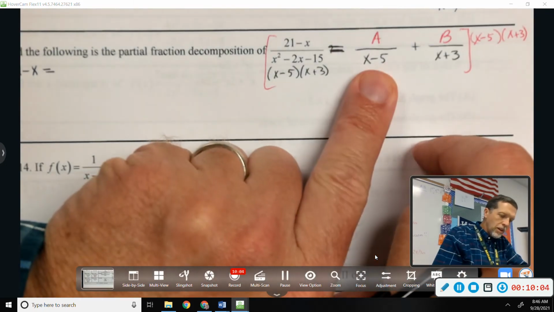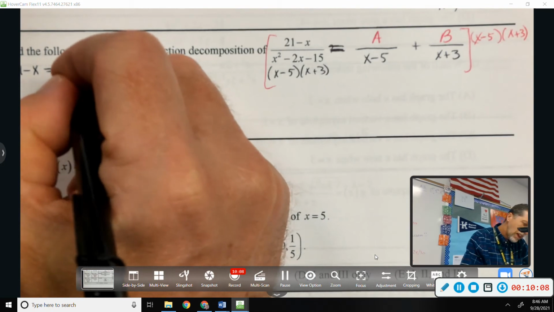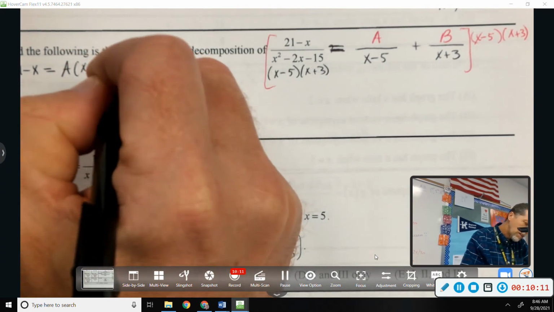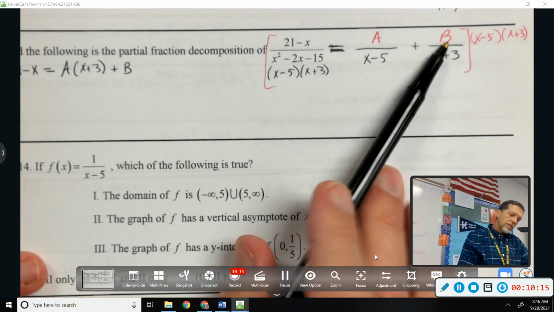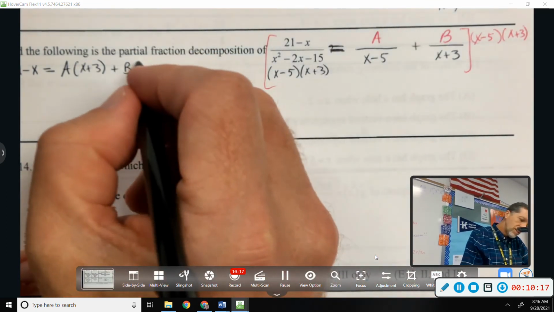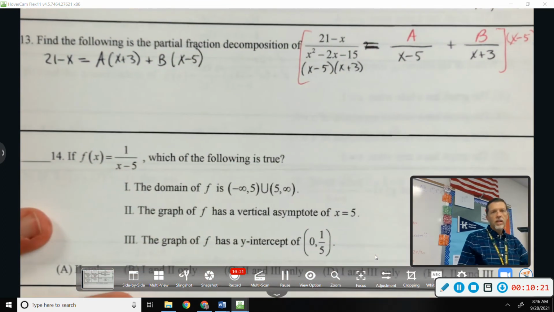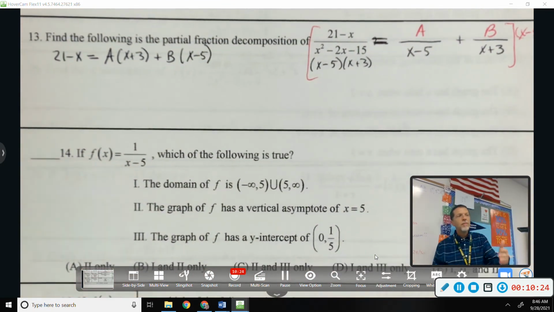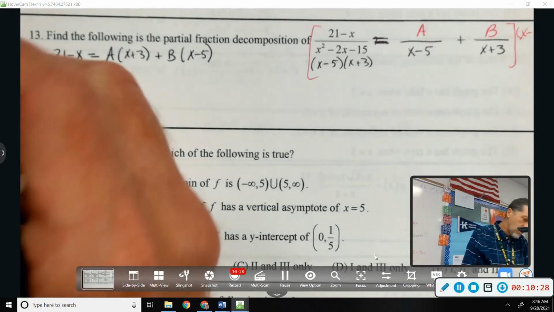On this term, the x minus 5 cancel, and that leaves a times x plus 3. On the next term, the x plus 3's cancel, and it leaves b times x minus 5. Again, I feel like if you make it that far, you're going to be fine. It's just getting to that point is the hard part.